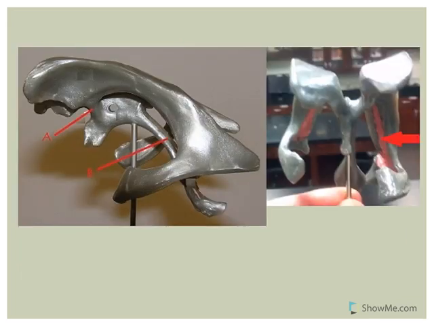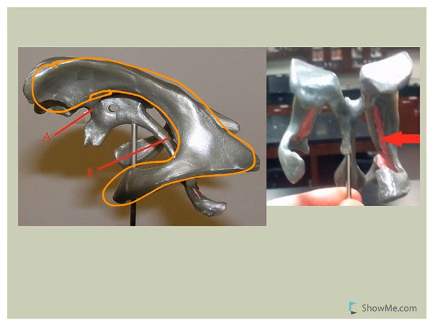Let's see. Now here is the model of the ventricular system of the brain, which is involved in the circulation of cerebral spinal fluid. The lateral view you see here, this whole thing is a lateral ventricle. A is tagging an interventricular foramen.